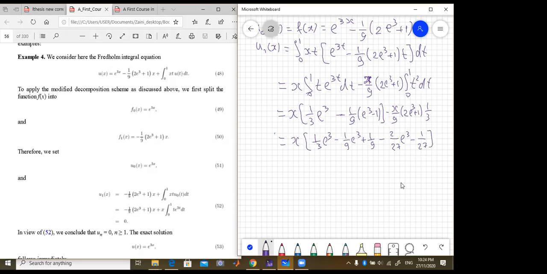We can simplify only. If you properly calculate, yes, we have some simplifications, but still the u1 is not equal to 0. So we have to calculate u2, u3, then get the summation up to the end.